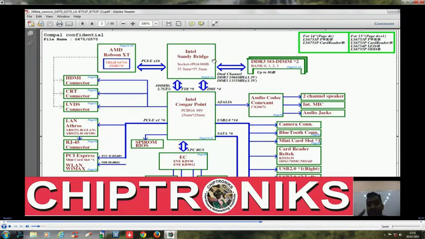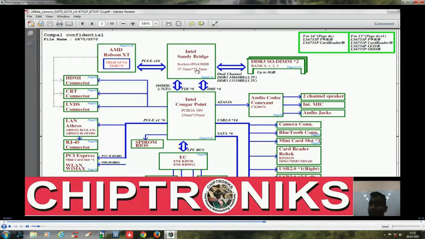After that, Intel released the second generation, which is called Sandy Bridge, and that was 32 nanometer technology, much faster than the Intel first generation. And Intel again released the third generation processor, which is called Ivy Bridge, and that is 22 nanometer technology, which is much faster than Sandy Bridge.